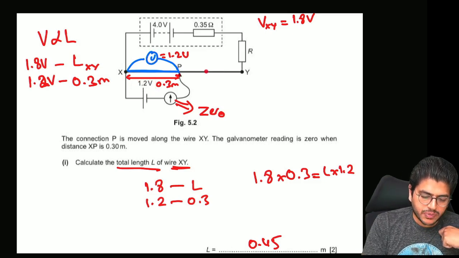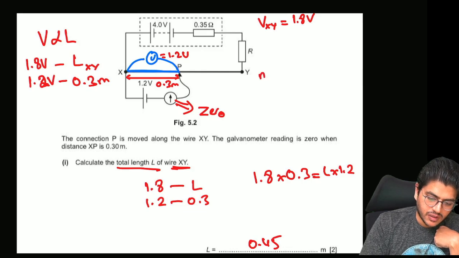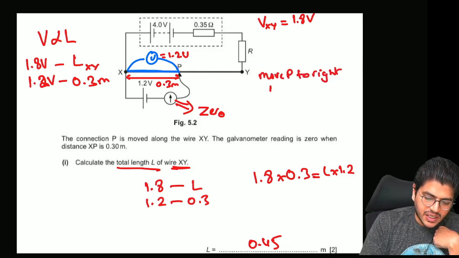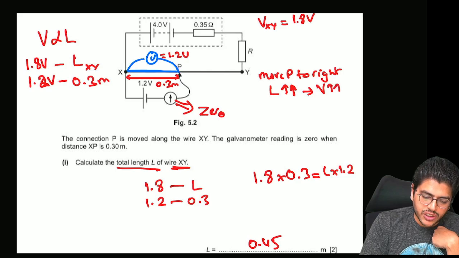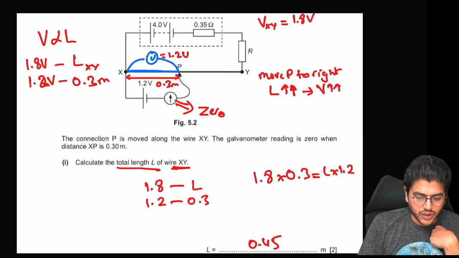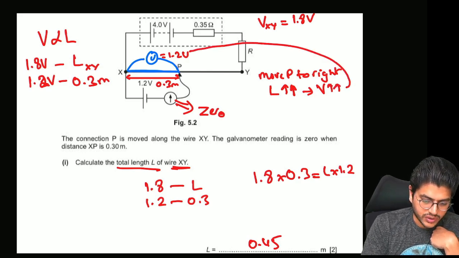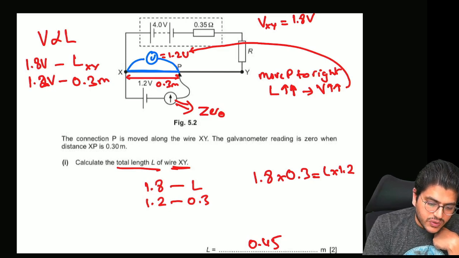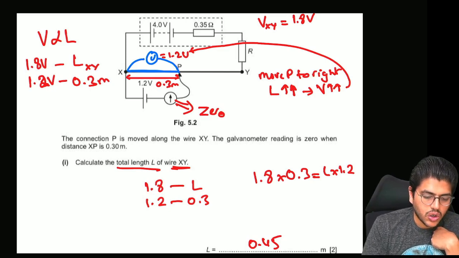If you move P to the right, that means that you're increasing the length. And when you increase the length, your voltage will also increase. Which voltage? This voltage. And then if this voltage increases, it will no longer be equal to 1.2.